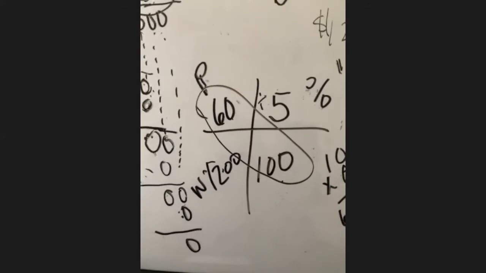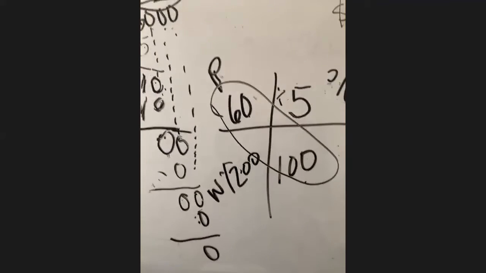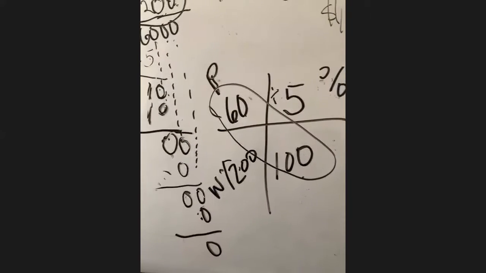Let's try and figure out, say I give you 20% towards food. How much is our income again? We said our income was $1,200 for that month. So we will only have 20% for food.